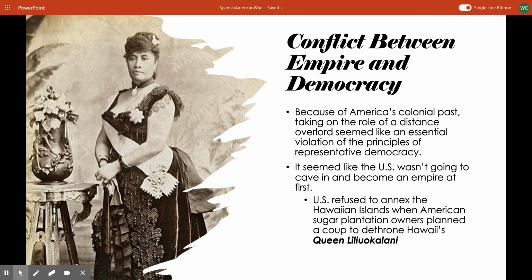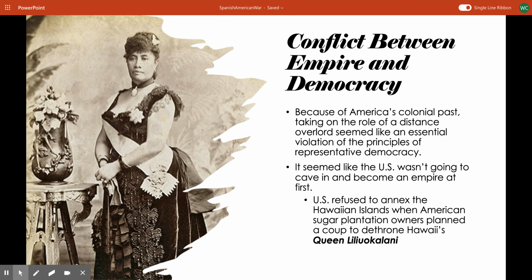So at first, it looked as though the United States would not give in to this temptation to become an empire. For example, in 1893, a group of American sugar plantation owners engineered a coup to try to overthrow Hawaii's queen at the time, Liliuokalani, and to annex the Hawaiian Islands.